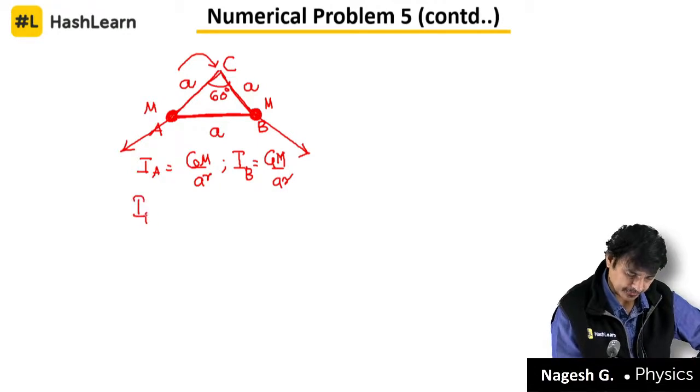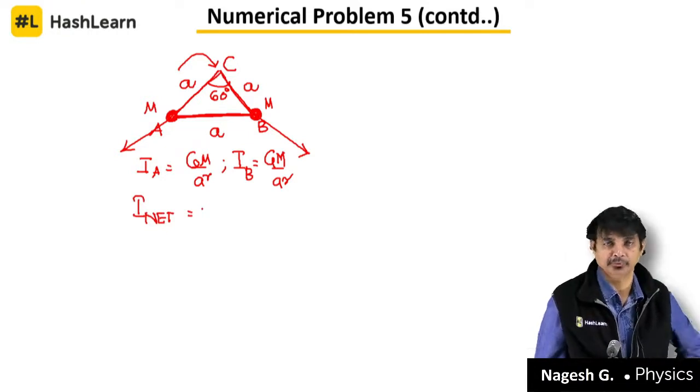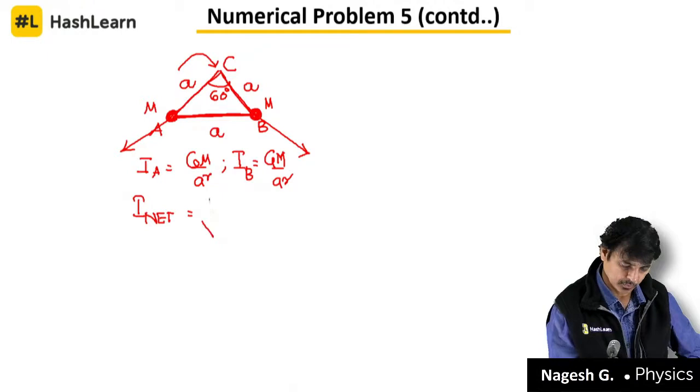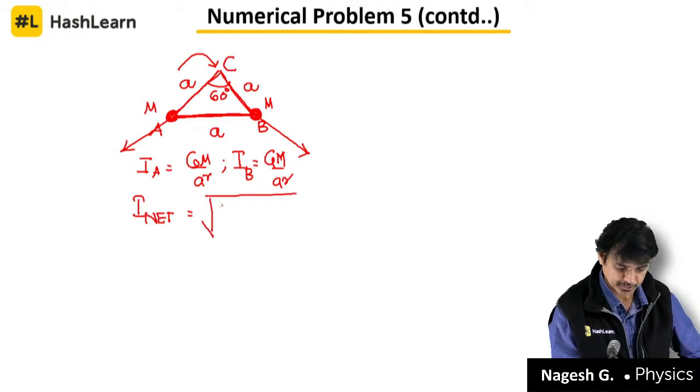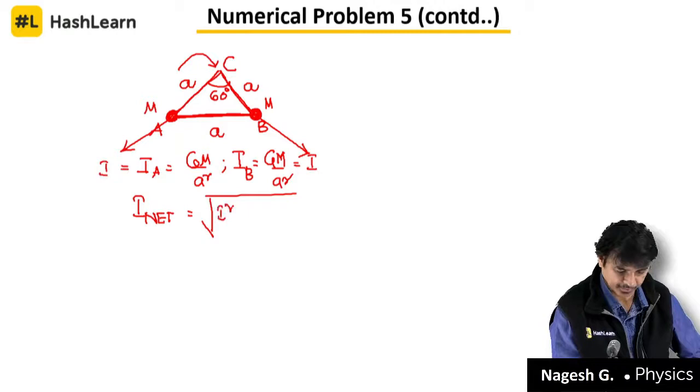Then net field at C, you have to apply the parallelogram law. According to that, root of p square plus q square plus 2pq cos theta. Applying that, IA is equal to IB is equal to, for example, I. So, what I can write? Root of I square plus I square plus 2I square cos 60.